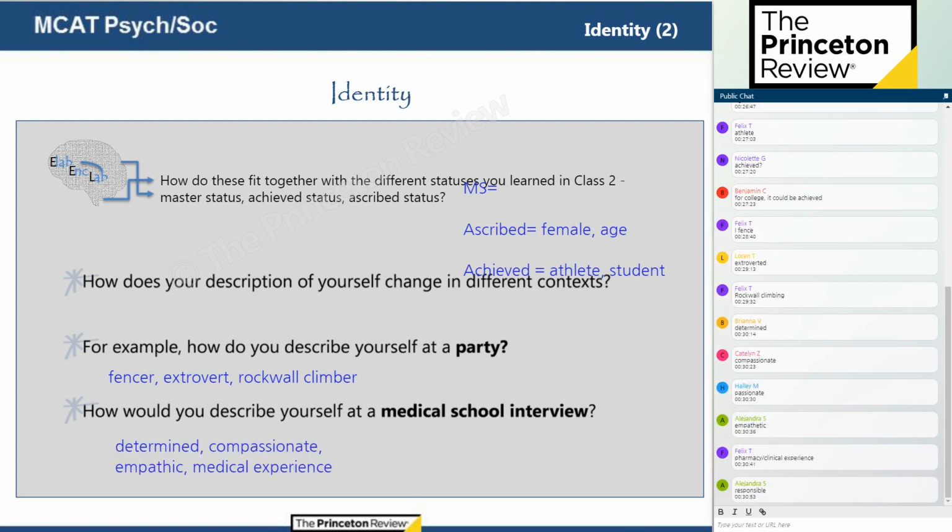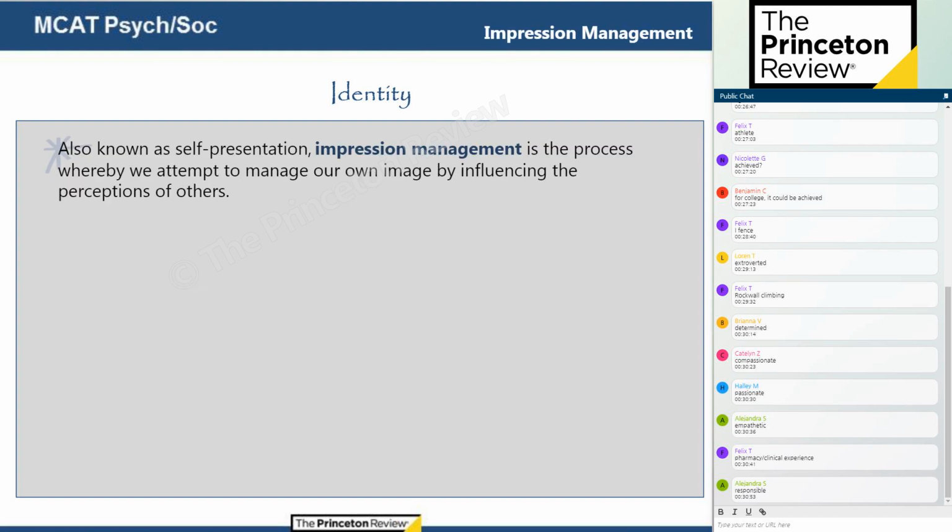Okay, so the point would be you would describe yourself differently in a relaxed social setting than you would at an interview, whether it's a job interview or a med school interview. We describe ourselves differently depending on the situation and the circumstance.